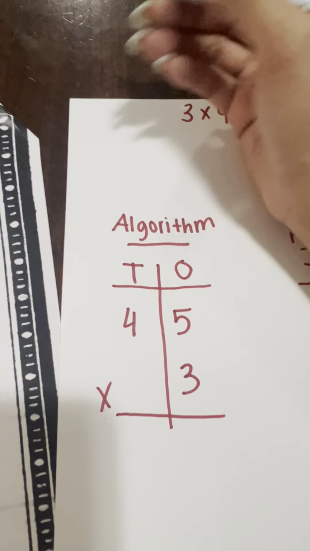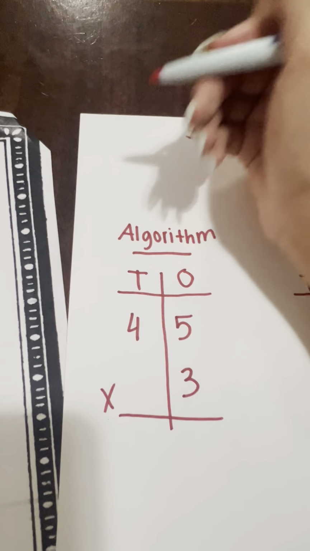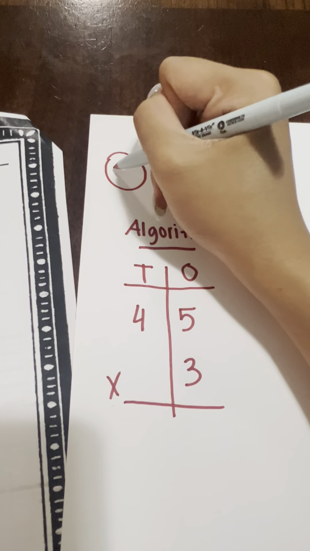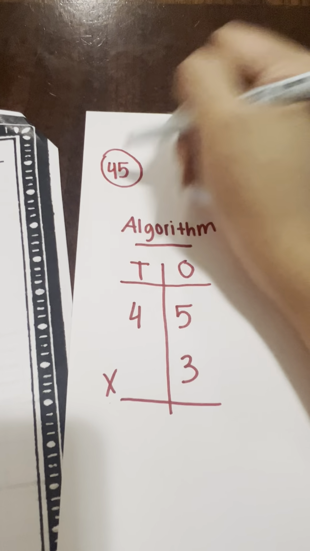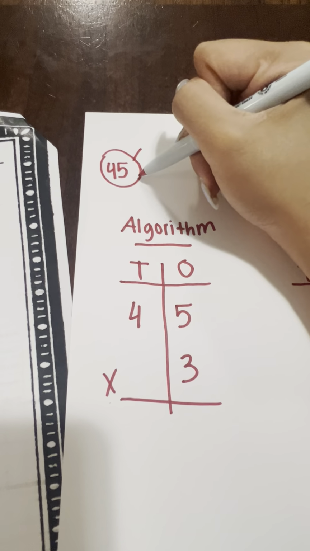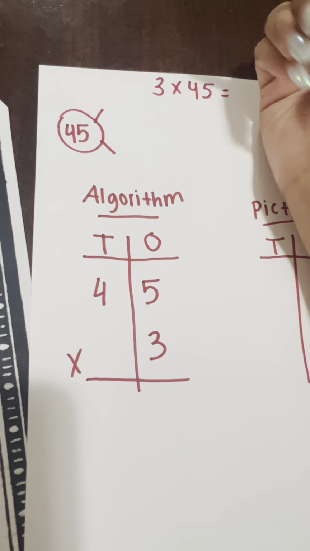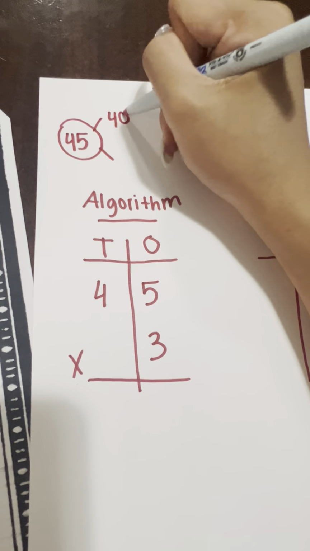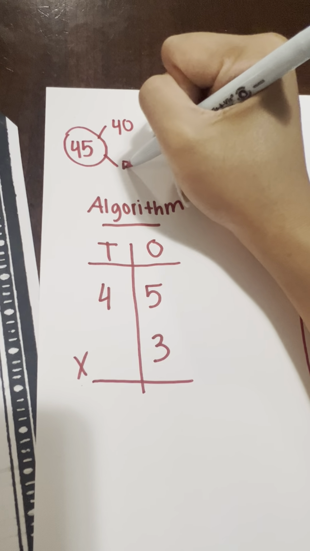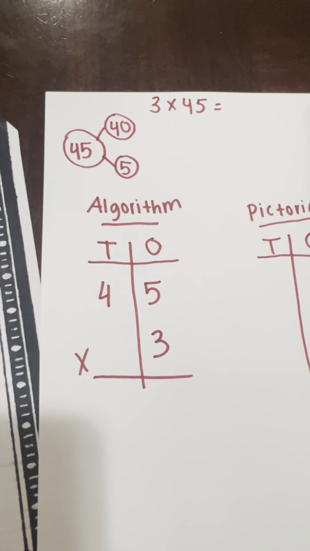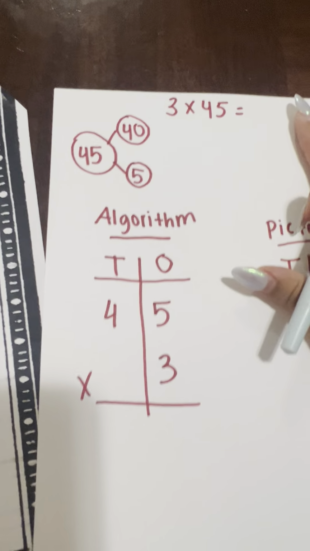So what we do in class is we create a little number bond and put 45 inside. Which 2 numbers does 45 break down into? Students should say 40 and 5. Think of it as expanded form. That's basically what it is.